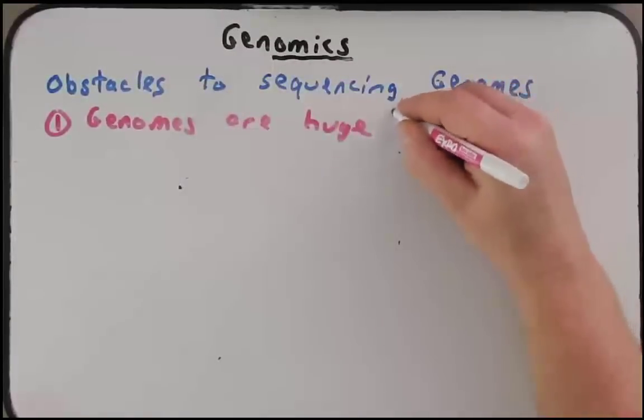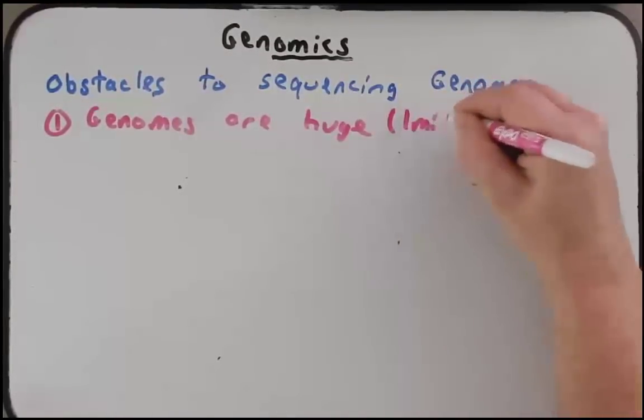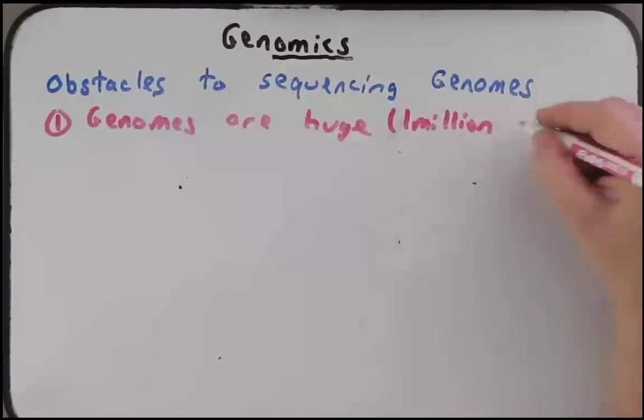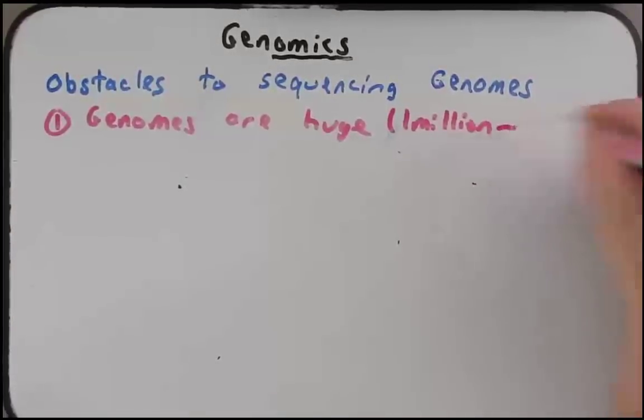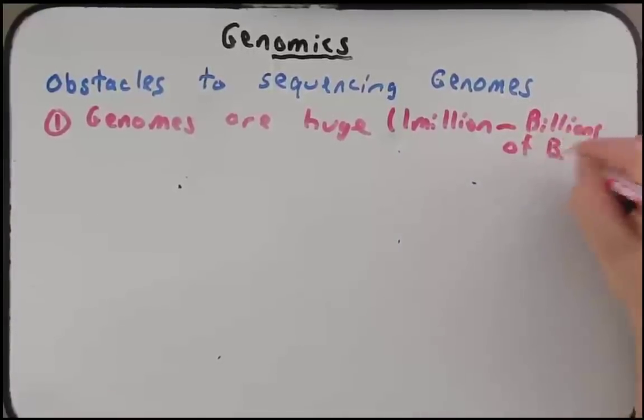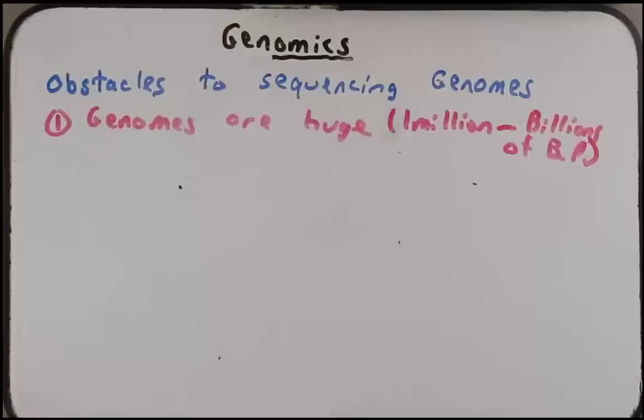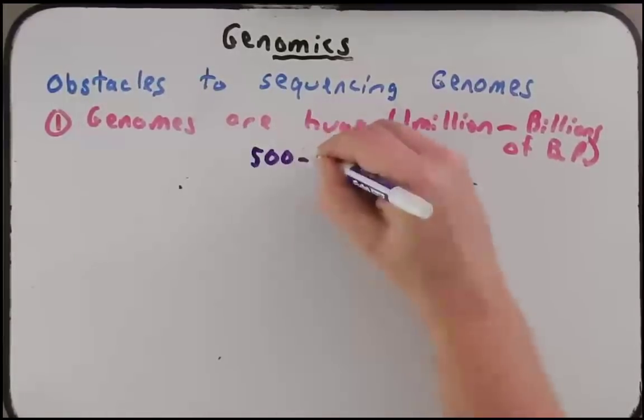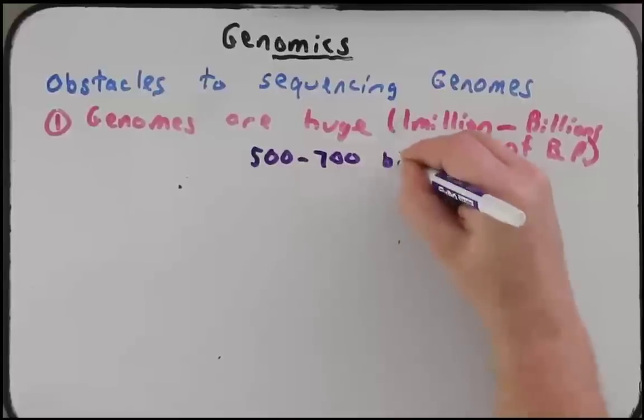They can be anywhere from, say, 1 million, maybe some viral genomes are less than 1 million, but usually between 1 million and billions of base pairs. And when we sequence genomes, as I mentioned on the last slide, by cutting genomes up and placing them in plasmids and sequencing them that way, that's pretty simple to do. But the problem is that when we sequence that way, we can only sequence, say, between 500 to 700 base pairs at a time.